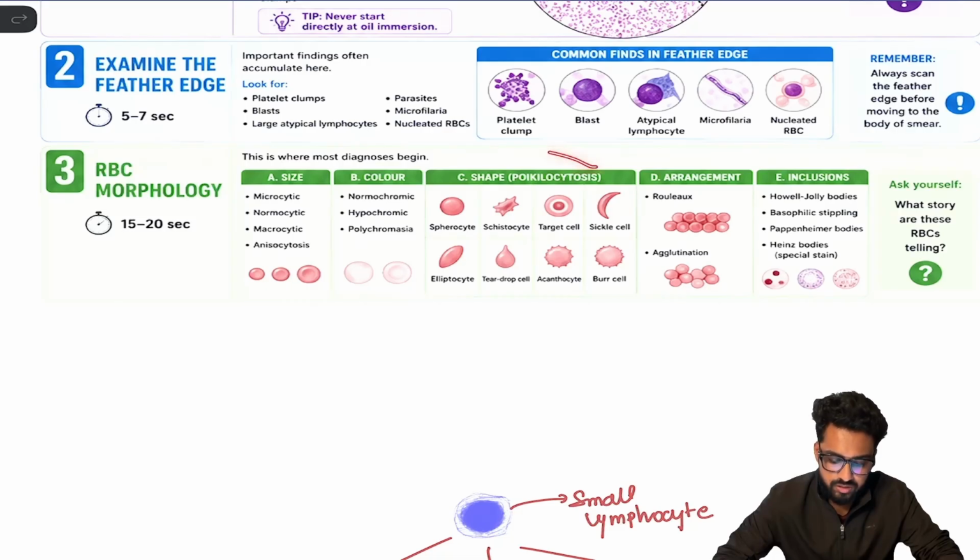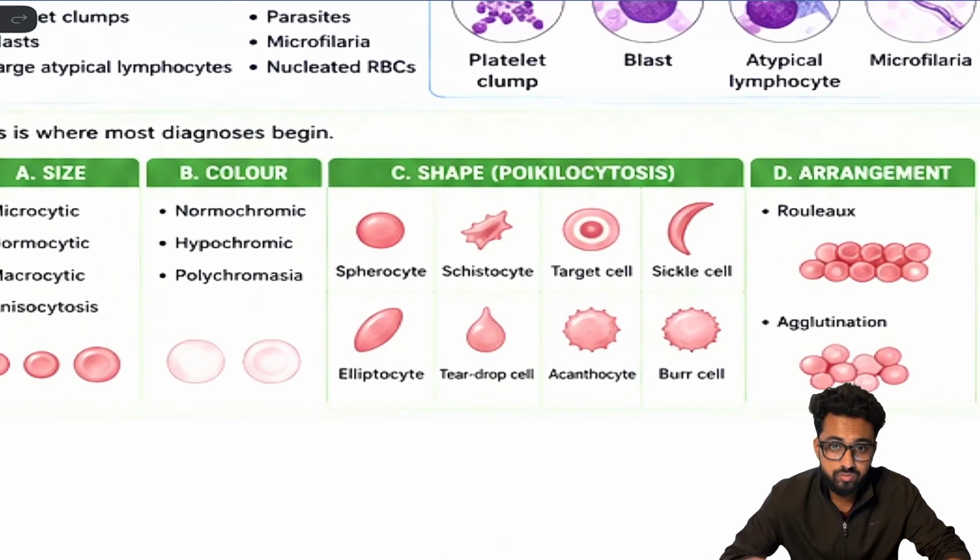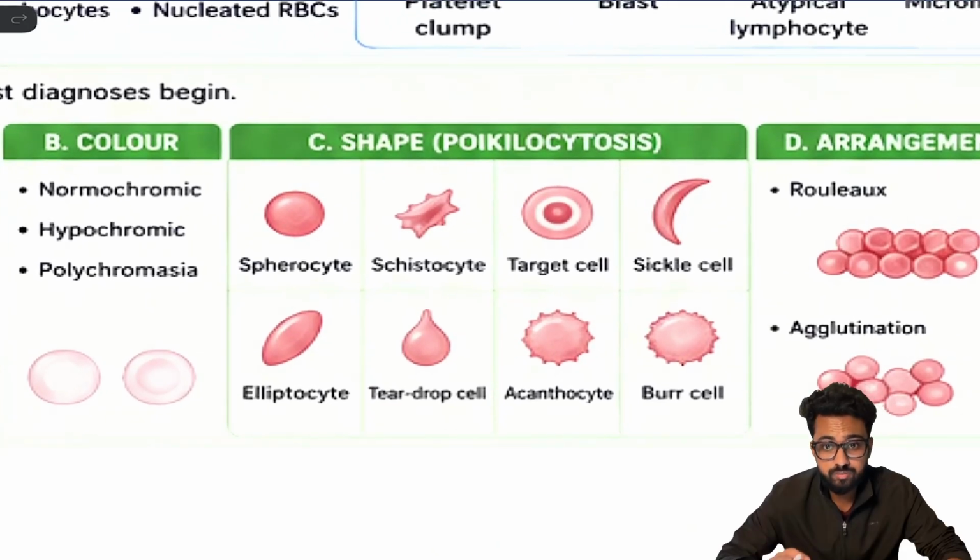Then next is the shape, that is poikilocytosis. These are the various shapes: spherocyte, schistocyte, target cell, sickle cell, elliptocyte, teardrop cell, acanthocytes and burr cells. Whenever you see these shapes, you should mention them in the PS according to that order.